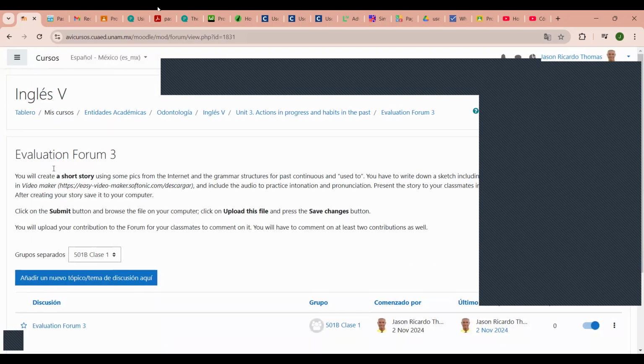Remember, you're going to create a short story, find the pictures on the internet, make sure to write it properly using the past continuous and used to. Once you have your story and your pictures, create a video. I personally really like canva.com. You can use Video Maker as well, but it's old.